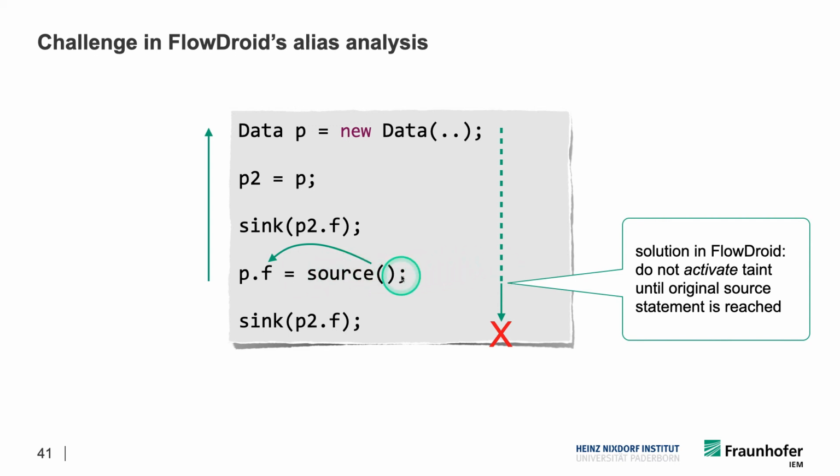And activation would happen if and when this actually passes by the source statement. And so at this point, the taint is not yet activated, so we won't see a warning here. Here it will be activated, and then basically we get a correct warning at the sink down here. So that then gives us the correct warning down there.